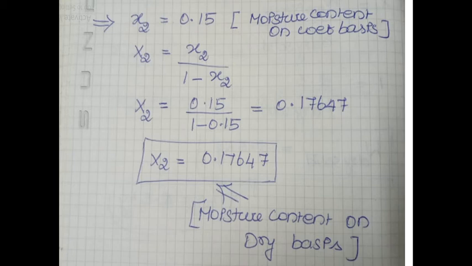So here small x2, this is the final moisture content on wet basis, 0.15. This is given data. So convert into dry basis, capital X2 is equal to small x2 divided by 1 minus small x2. Substitute small x2 value here. Finally we get capital X2 equal to 0.17647. So this is equal to the final moisture content on dry basis. Are you clear or not?